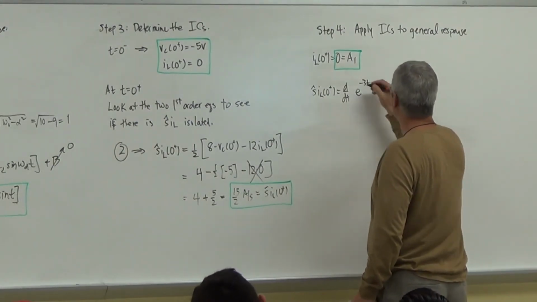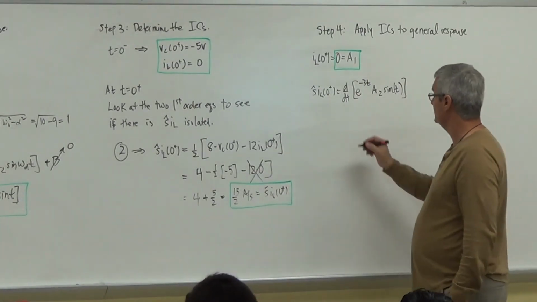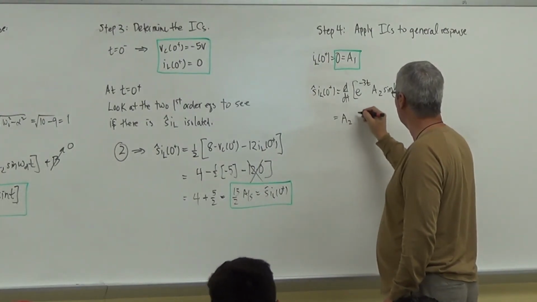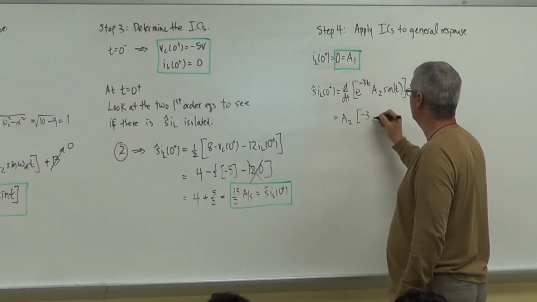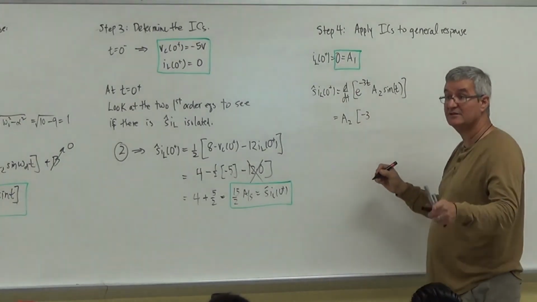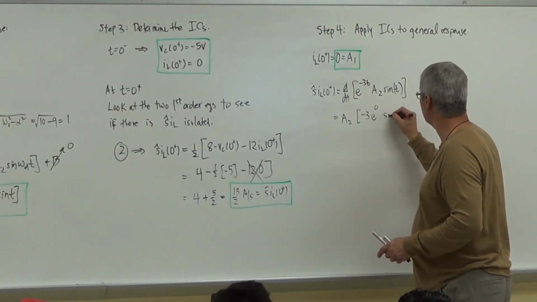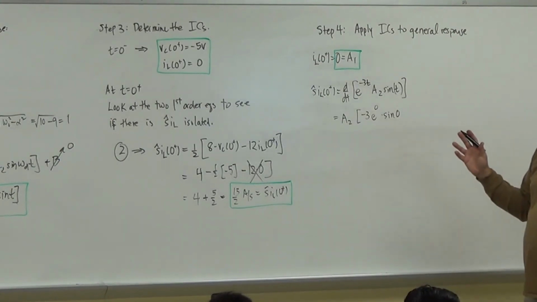So there I go. I got to take the derivative of this guy and set it equal to 0. So using the chain rule, it's got to be what? So no, I'm going to put A2 out here. The chain rule tells me it's got to be minus 3 e to the 0 times sine of 0 gives me 0. Okay?